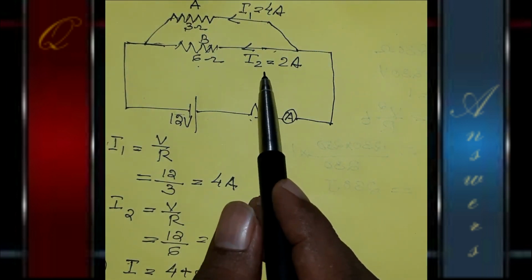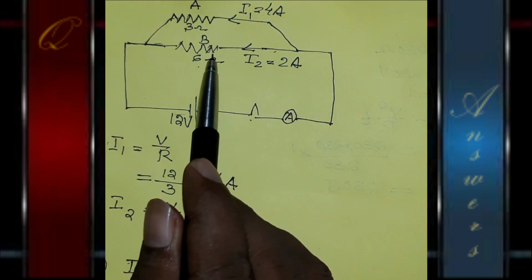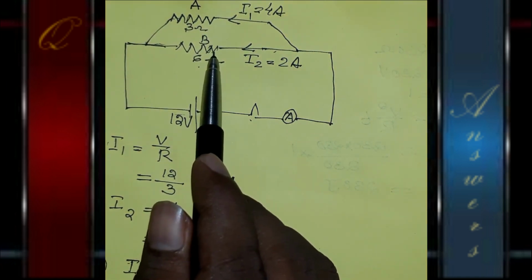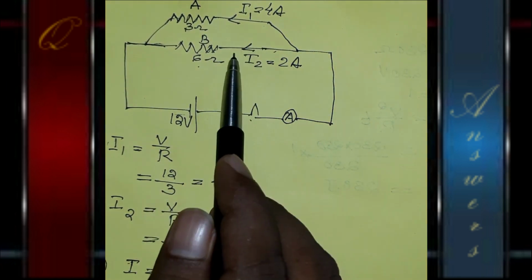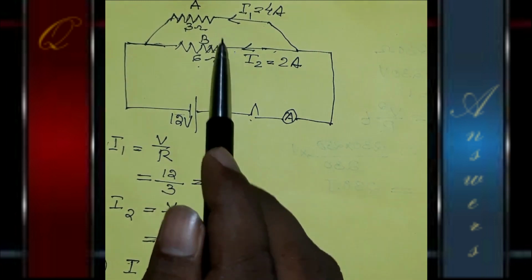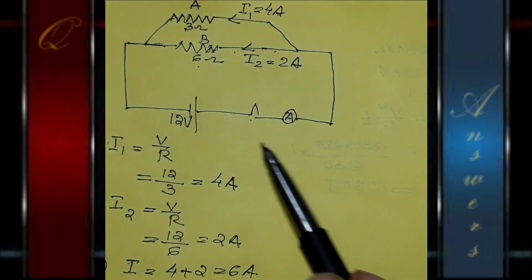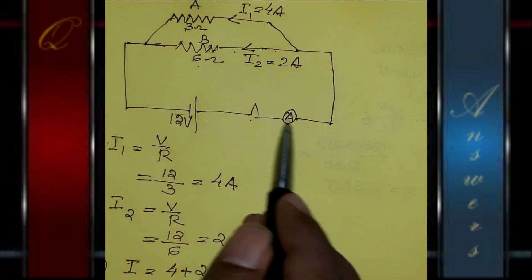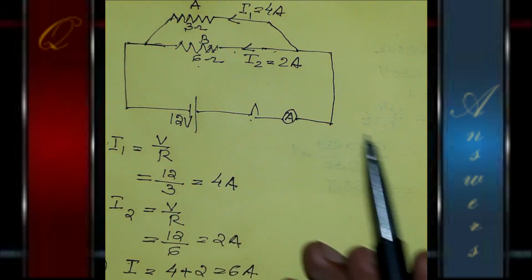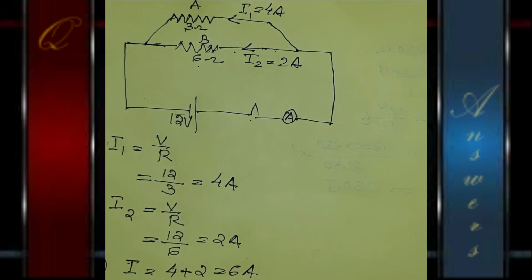For increasing the effective resistance, these two resistors should be connected in series. Here it is connected in parallel. So if these two resistors are connected in series, effective resistance will be increased and the ammeter reading will be reduced. So the answer is, connect the two resistors in series.